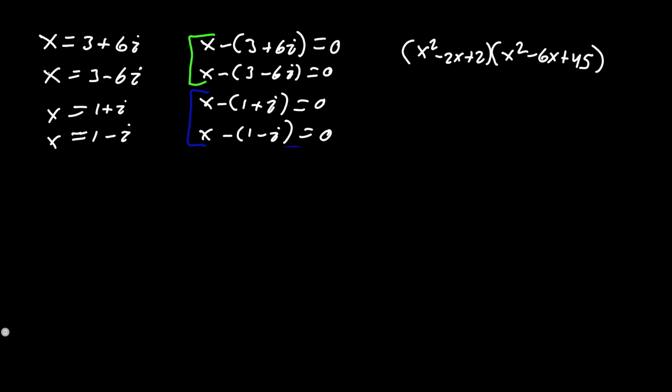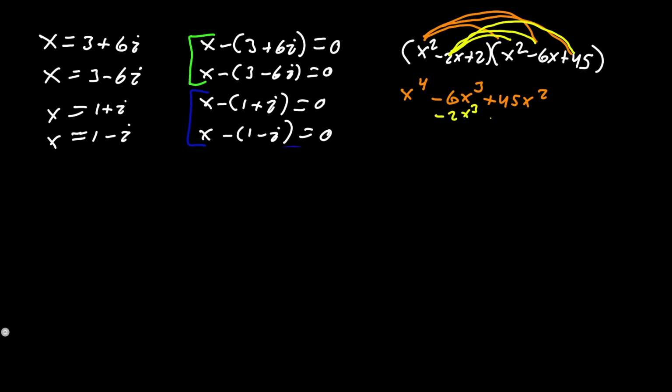So we will have x times x squared, x times negative 6x, and x times 45, giving us x to the 4 minus 6x cubed plus 45x squared. And then we will have negative 2x times x squared, negative 2x times negative 6x, and negative 2x times 45, which will give us negative 2x cubed plus 12x squared minus 90x.